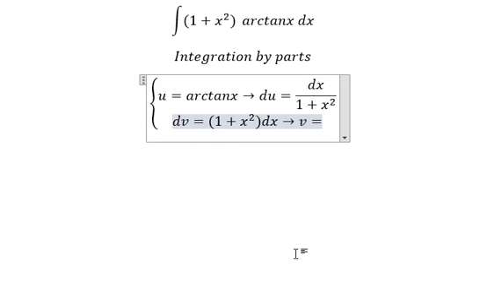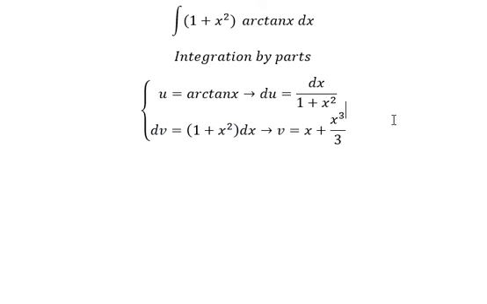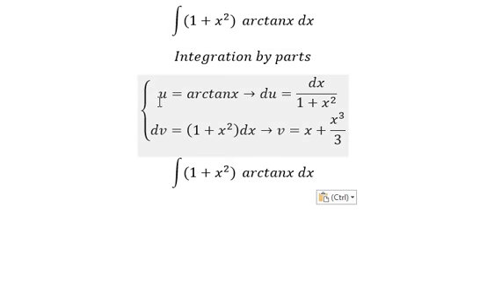The integration of the number 1, we have s. The integration of s squared, we have s to the power of 3 over 3. Now we have u multiplied by v.